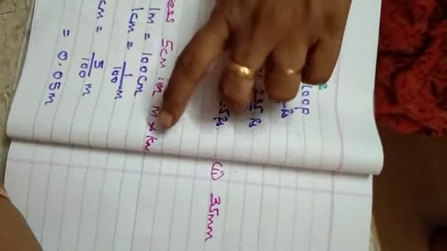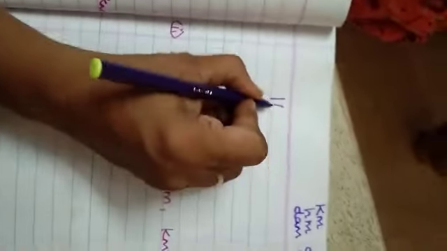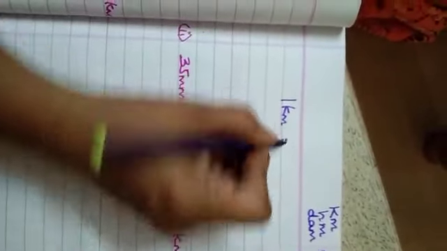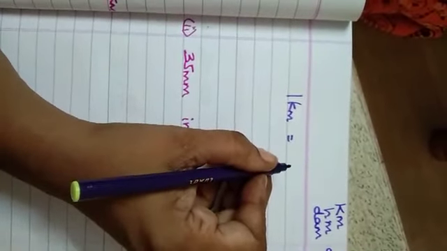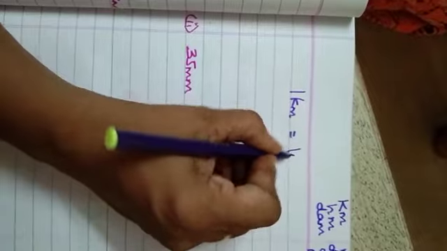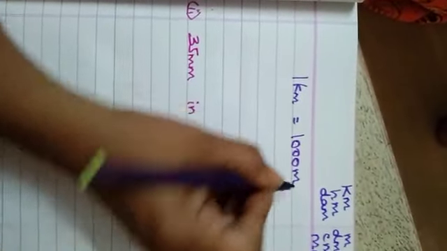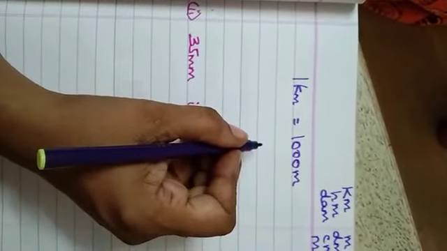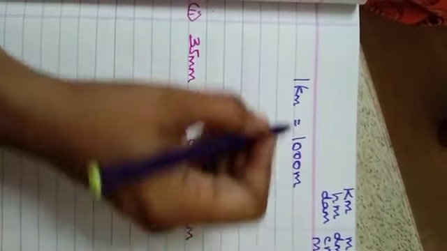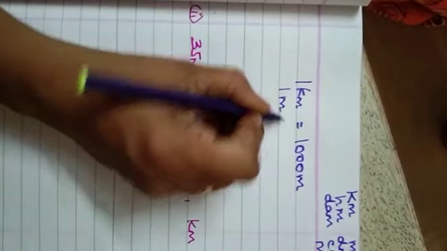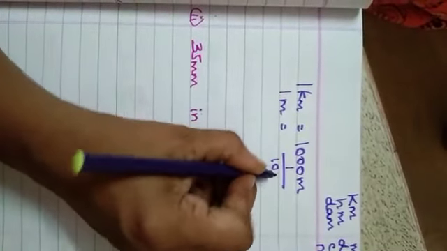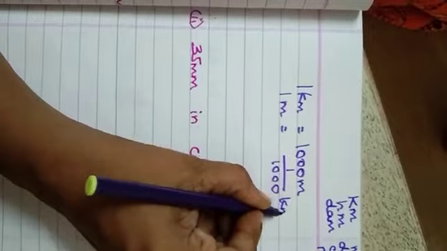Next, to convert 5 centimeter to kilometer, you have got two subdivisions, you are converting it to meter and then kilometer. So 1 kilometer is equal to how many meter? 1000 meter. So now 1 meter is equal to 1 by 1000 kilometer.